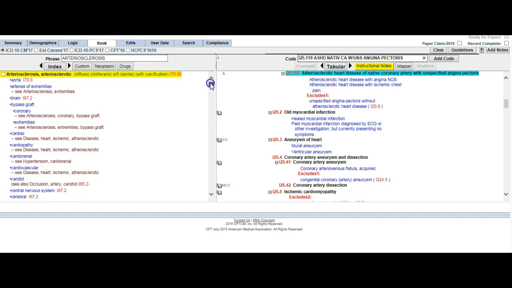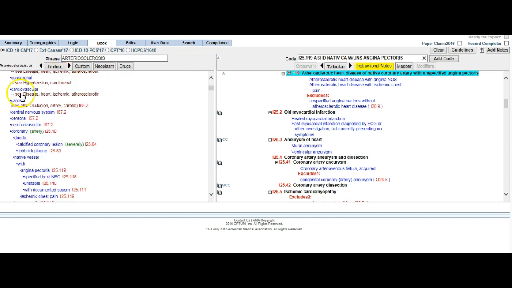Arterial is another term for artery or vessel. So as you can see here, I have arteriosclerosis, arteriosclerotic. As I move here, we see that it is of the coronary artery because that's the artery that needed to be bypassed. Okay, so this is our initial place of where we began.